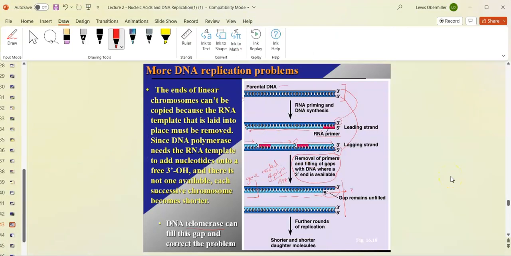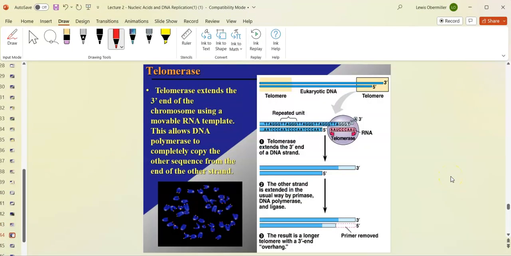So anyway, telomerase is an enzyme. It also contains RNA, so it has its own RNA, and this purple part is the protein. Sorry, my drawing pad is weird. That protein has an enzyme similar to polymerase in it. So what it does is it acts as its own template.